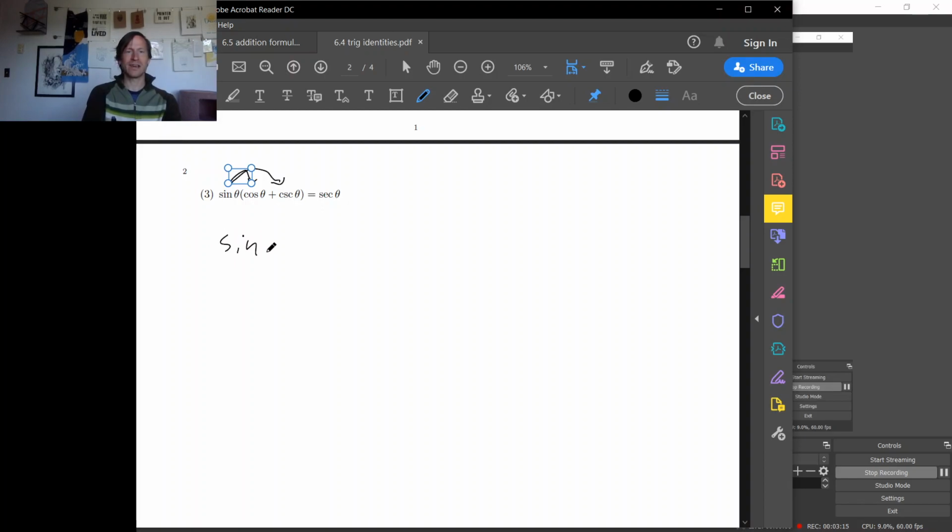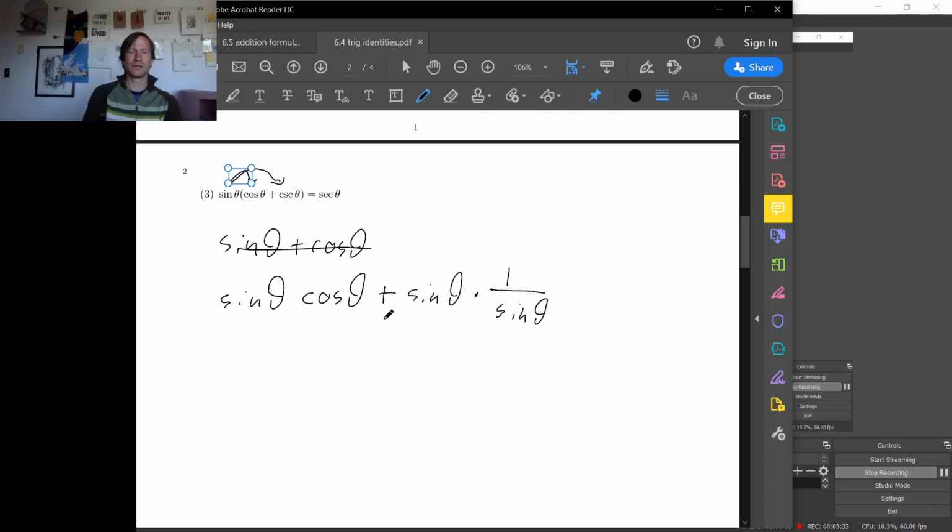We get sine theta times cosine theta, plus sine theta times cosecant theta, which is 1 over sine theta. So these simplify, and we get sine theta times cosine theta plus 1.